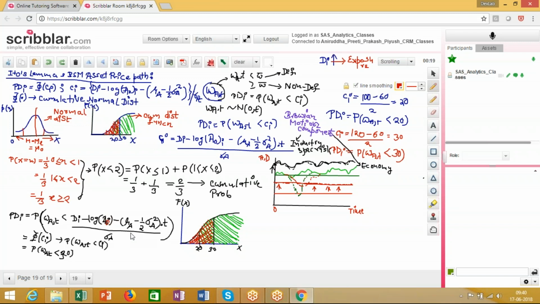So, in that case, if this difference is negative, that is, if mu a minus sigma square a by 2 is less than 0, then everything else remaining unchanged, an increase in the term of the loan would increase the probability of the borrower to default.